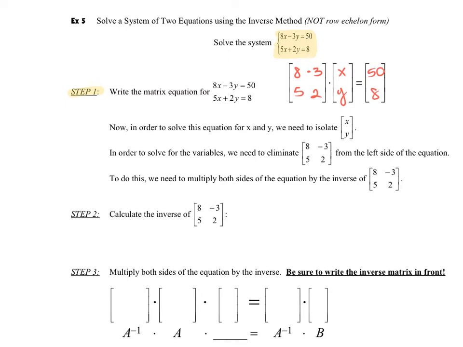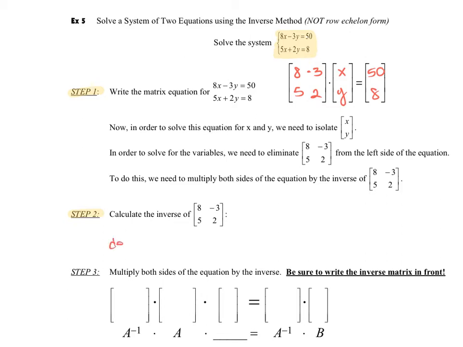So if we can look at this coefficient matrix and find its inverse, then we can continue our solving process. That's what we're going to do here in step 2, find our inverse. Remember, our first step in finding an inverse is to find the determinant.